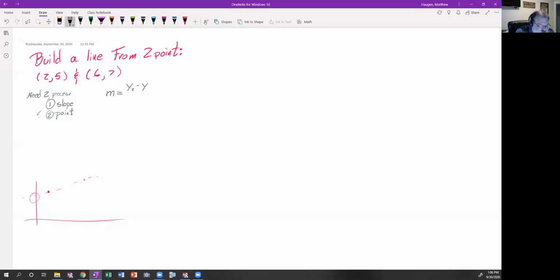So it's the change in y, the change in the output variable, in ratio to the change in x, the change in the input. Whenever you have to use that formula for slope, I really recommend you take just a second and label your points real quick.